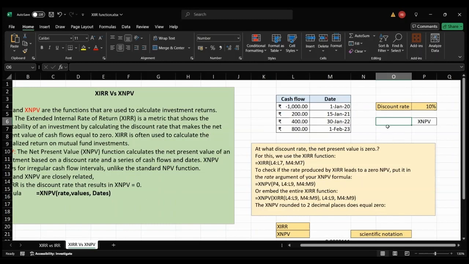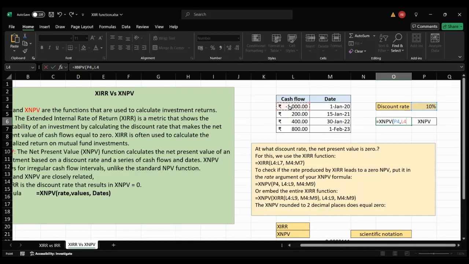Okay. So, here we will write equal to XNPV. Inside the bracket, we have to write the rate. This is 10%. So, we'll get the cell reference of this.